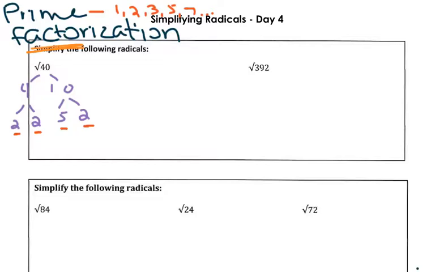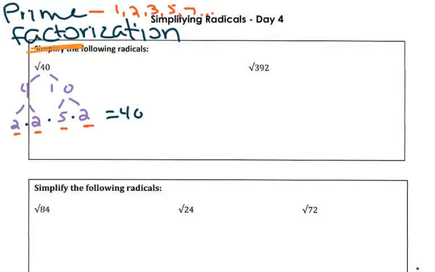Now before I do that, if I were to multiply all these prime numbers together, and I could use my calculator for this, I will notice that 2 times 2 times 5 times 2 is going to give me 40.